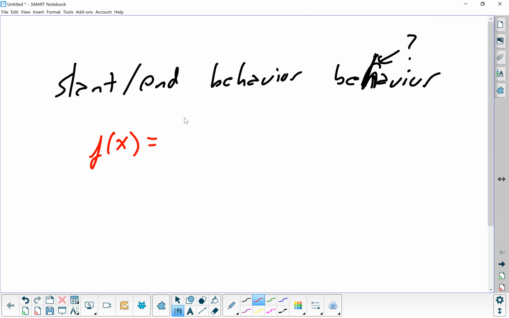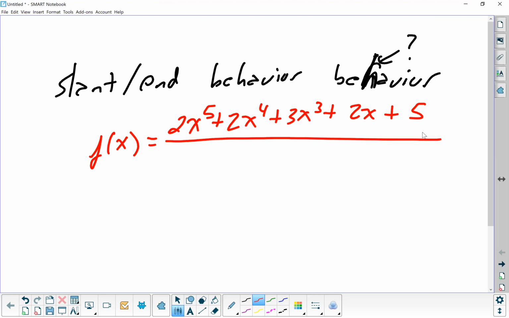So let's say we have 2x to the 5th plus 2x to the 4th plus 3x to the 3rd plus 2x plus 5. And then we divide that by, let's say, x to the 3rd plus x squared plus x plus 1.